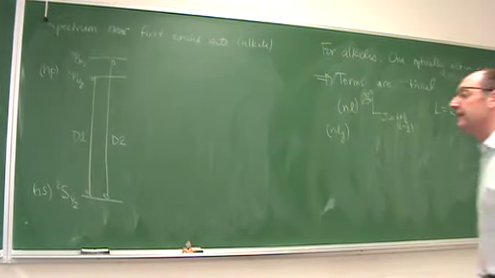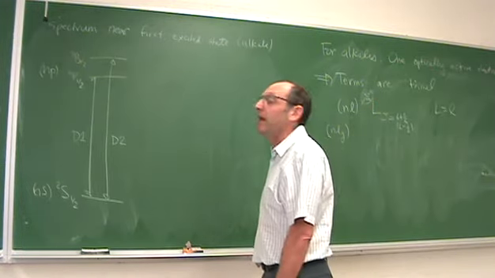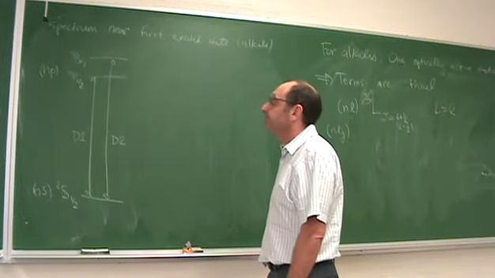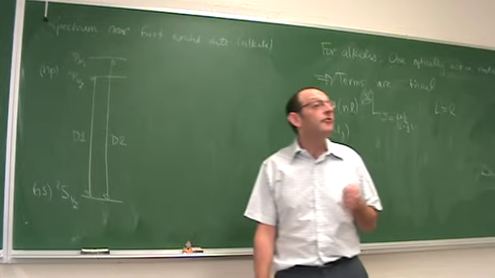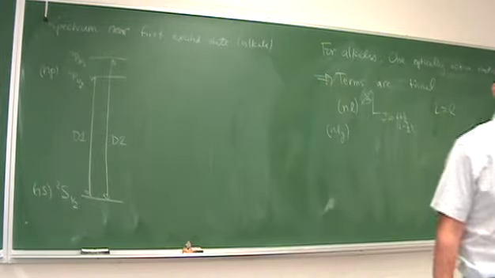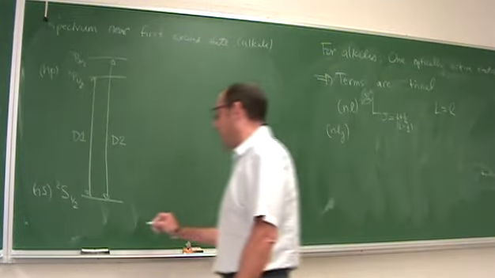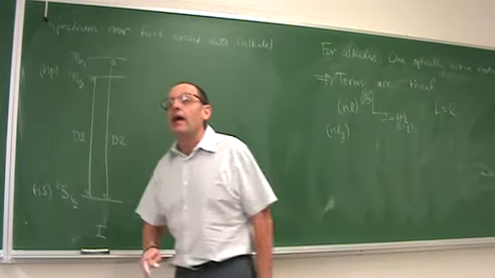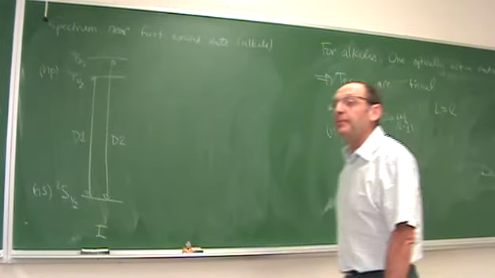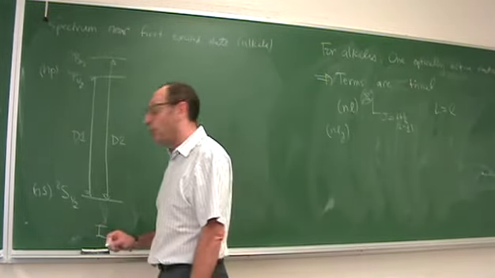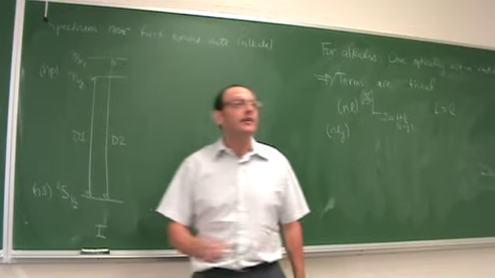Then, of course, in addition, in the alkalis, all of them have non-zero nuclear spin. So there's also nuclear spin I. And because of that, we split up into F. And what are the possible values of F?